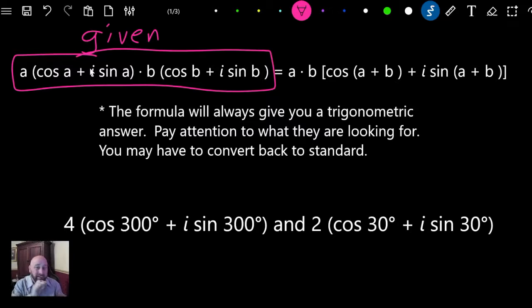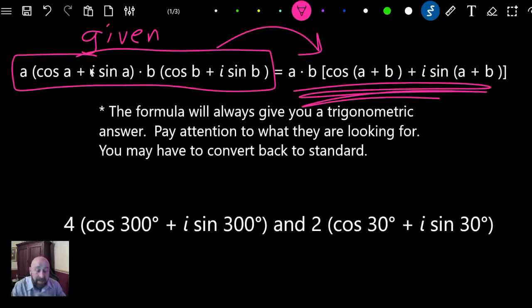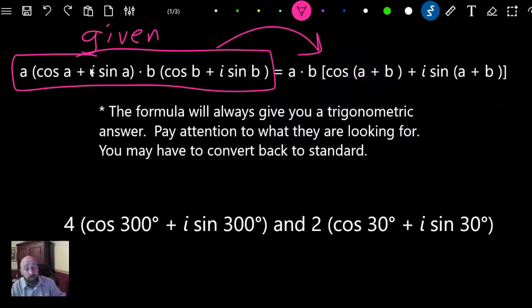It says, hey, 7 cosine, whatever it is. This is what you're going to use to convert it. So take your given information and put it into this, and then from there you can work it. This is the form that you need it to be in order to multiply it, and that's that delineation of the formula on page 183.